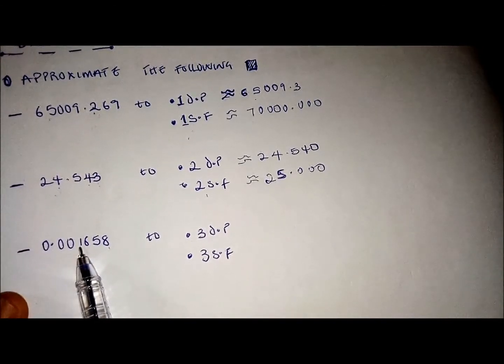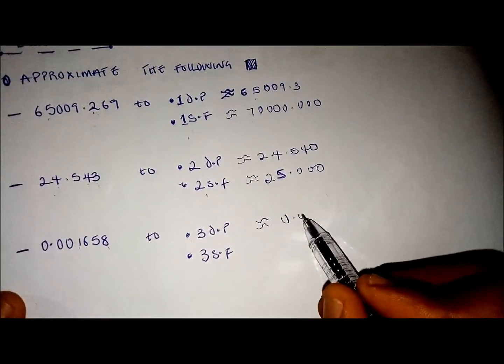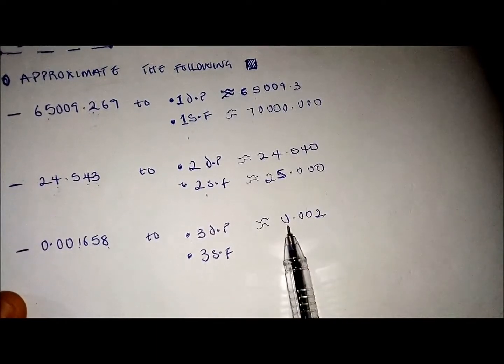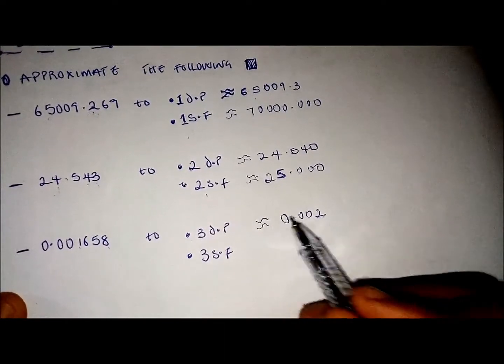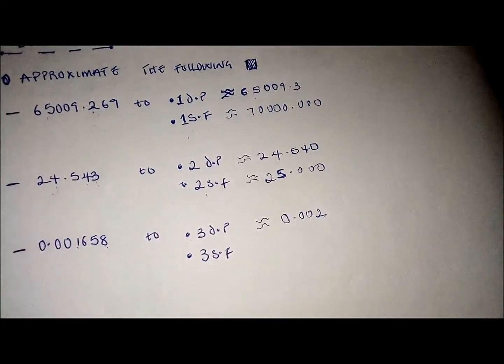So rounding to this, we're having the approximated value of 0.002. Yeah, so this is approximating to 3 decimal places. Notice it's not significant figures. If we are looking at significant figures, we will not include these zeros as significant figures.